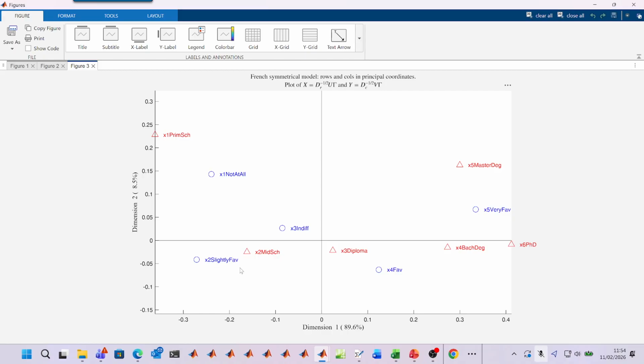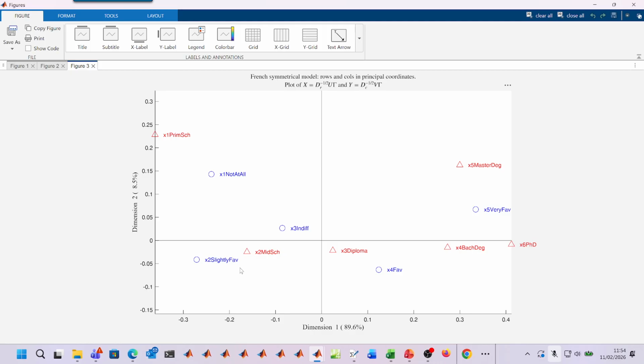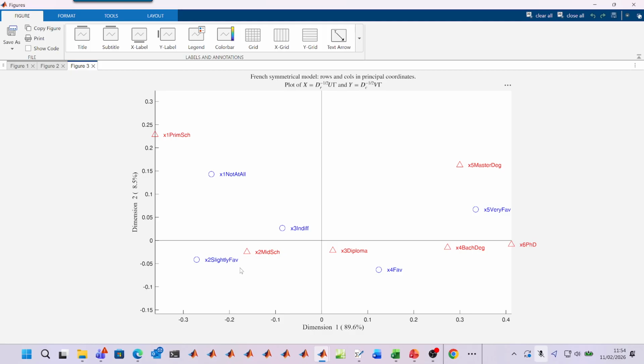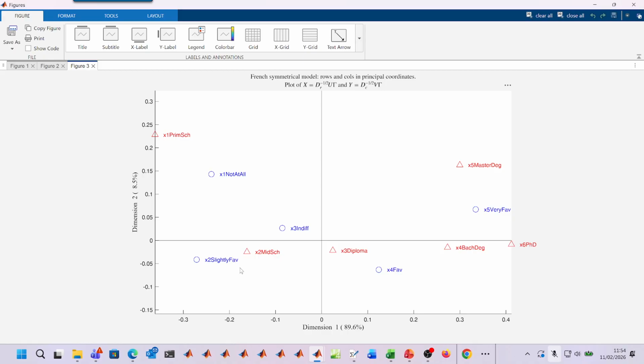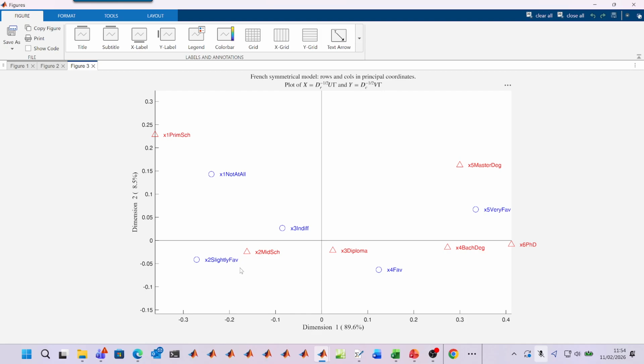And this is the power of correspondence analysis. The theory underlying row profiles, column profiles, and the algebra is very cumbersome. But the plot which comes out is really incredibly interpretable and very easy to understand.